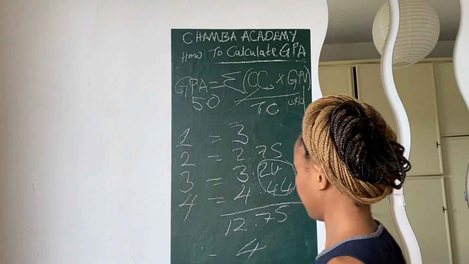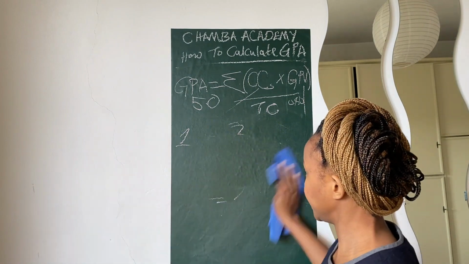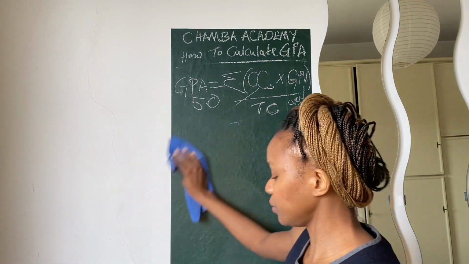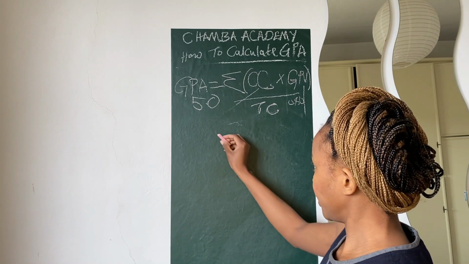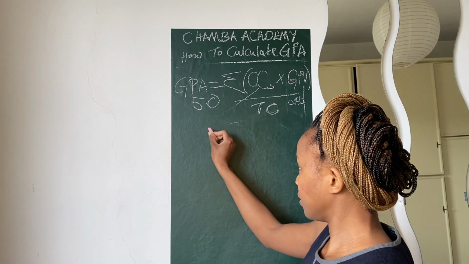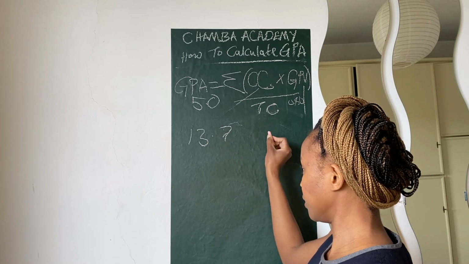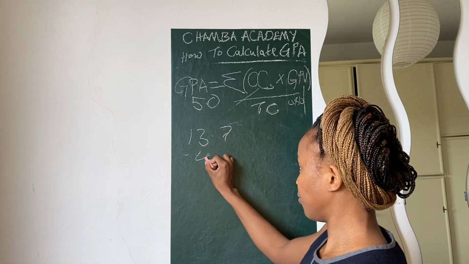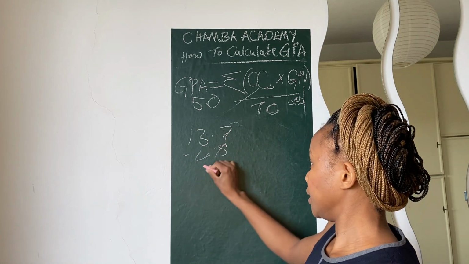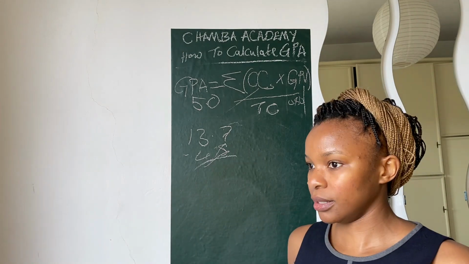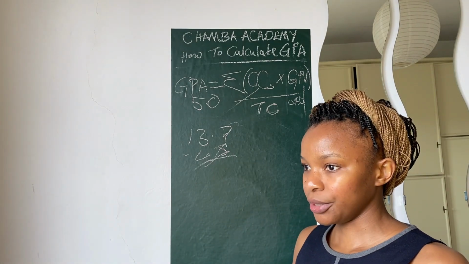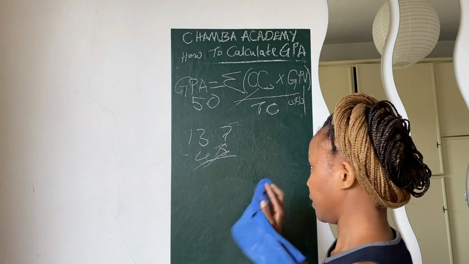let me just write it somewhere clearly. So if I did 13 point, let's say 7 divided by 4, it will give me something a little bit over. So this is what I did instead.